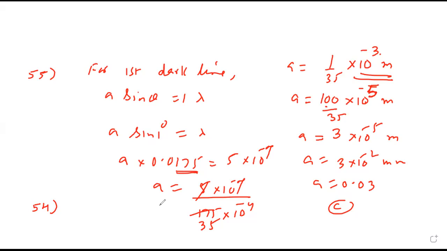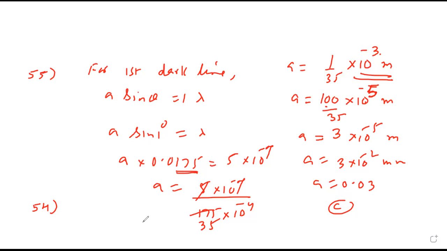Done, sir. The main difference between interference and diffraction: interference is formed from two sources, diffraction from one.